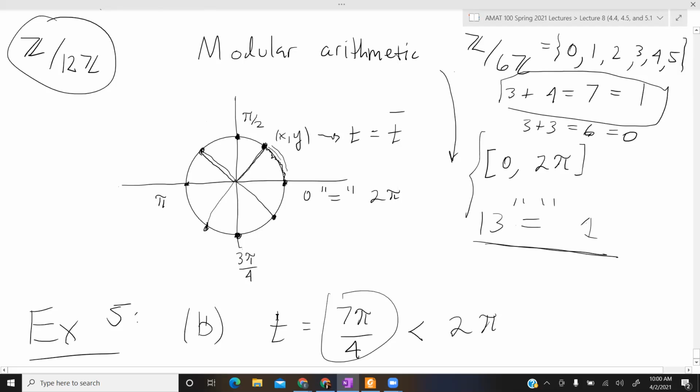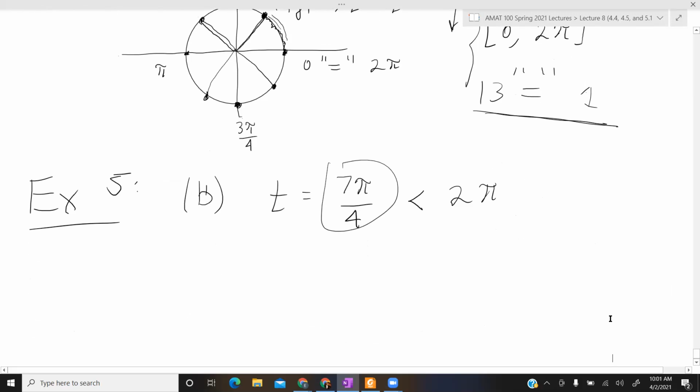We have that much is true, but we also have that 3 pi over 4 is less than 7 pi over 4. And that's not hard to see: this is if and only if you multiply both sides by 4, you get 3 pi is less than 7 pi.